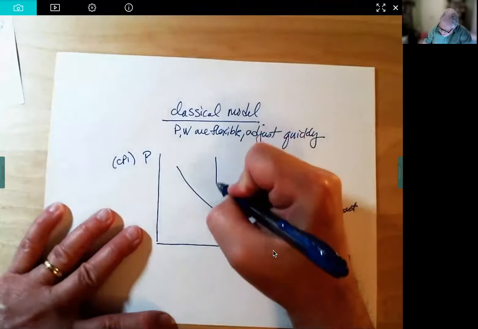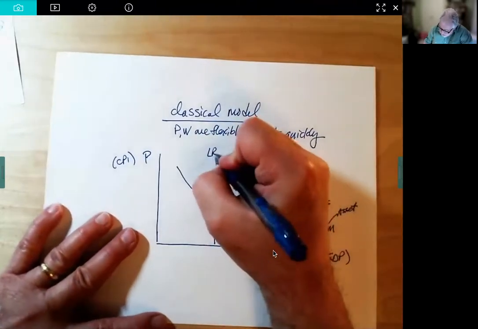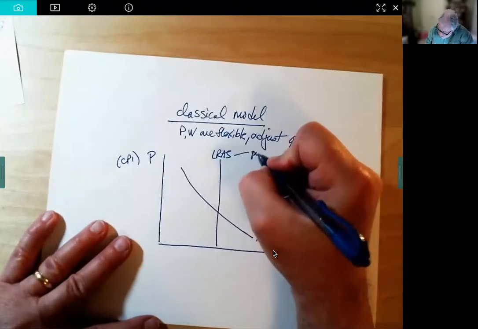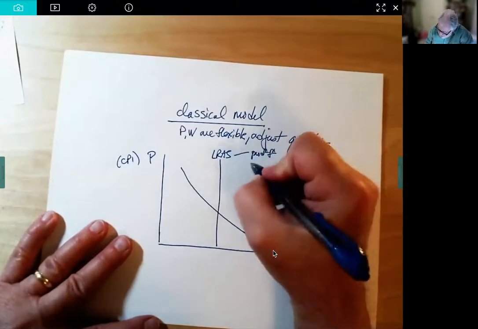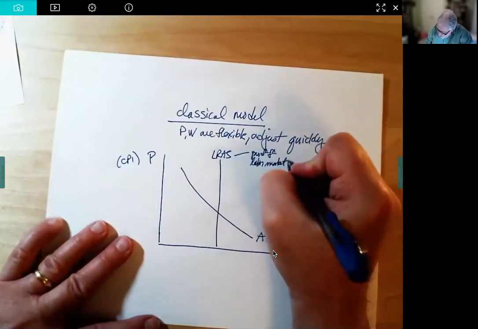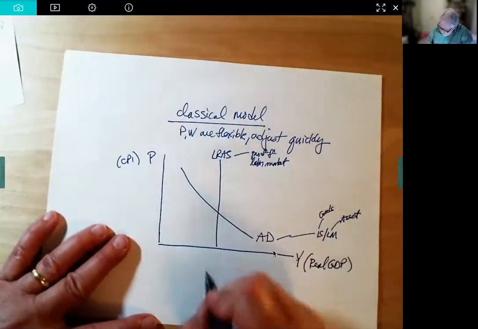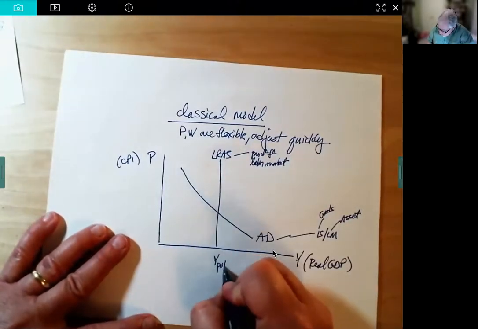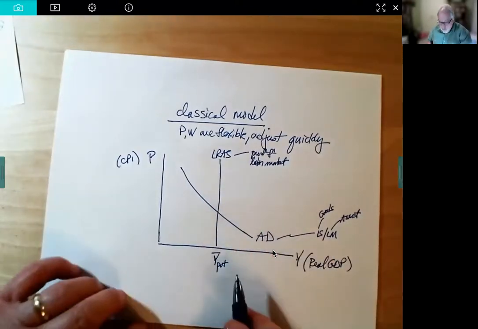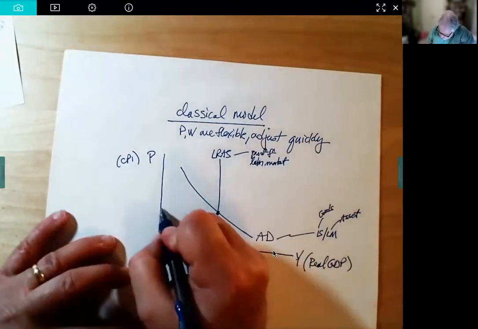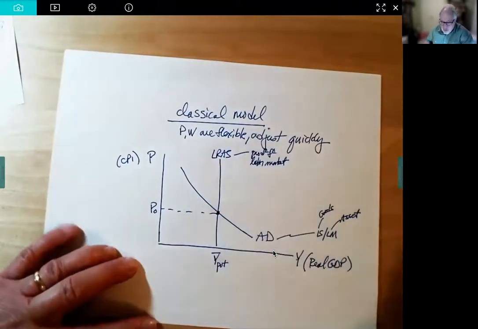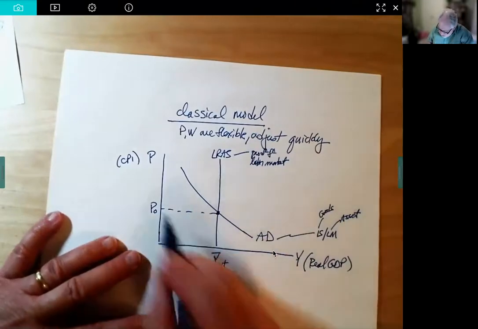And we have long run aggregate supply. And that has to do with the production function and labor market. So in this case, this is potential GDP. The economy is at full employment, right? Generally at equilibrium. Aggregate demand and long run aggregate supply determine the equilibrium in the economy. It determines the price level.